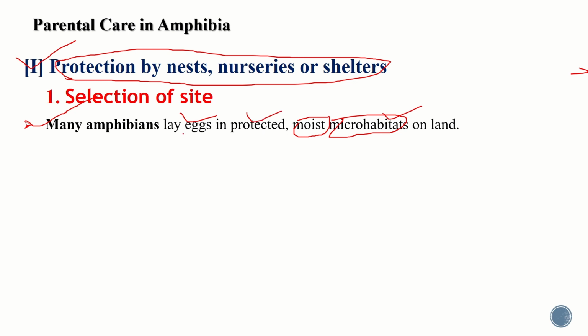In the case of tropical frogs like the toads, they lay their eggs on land near the water.